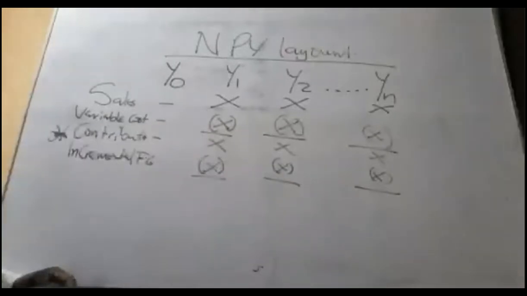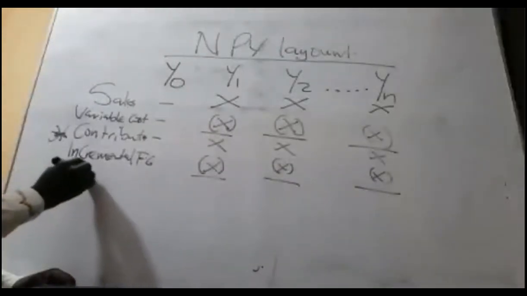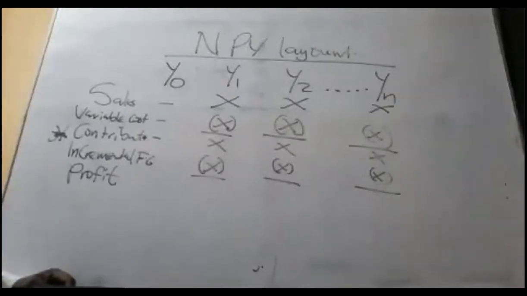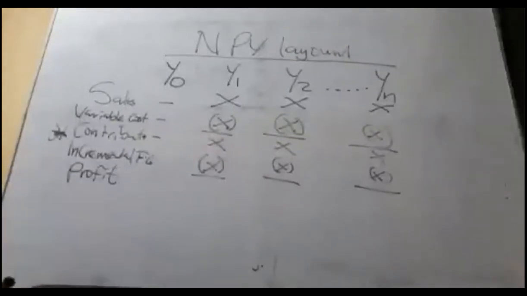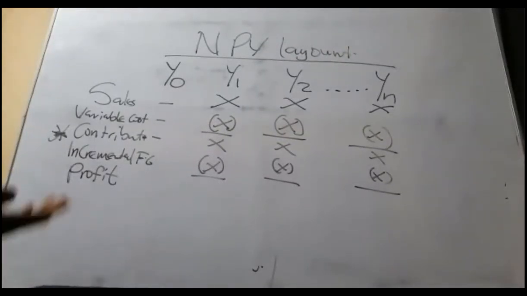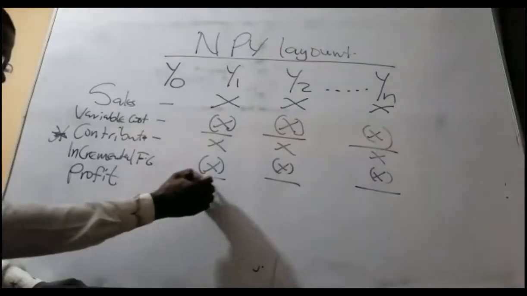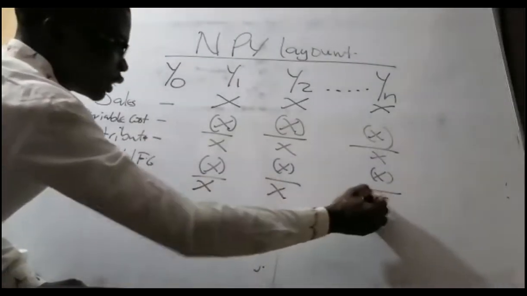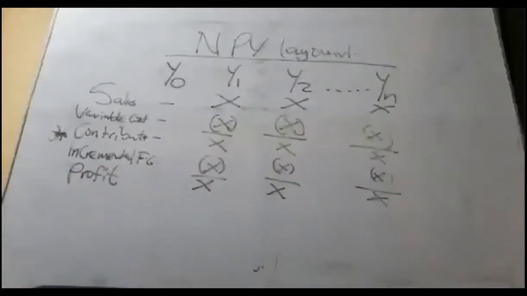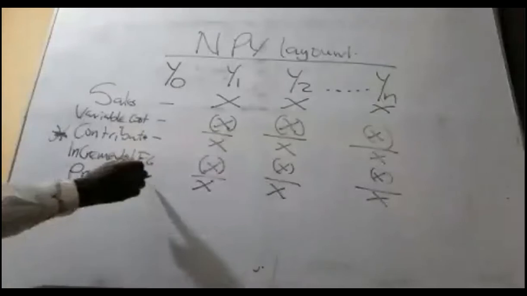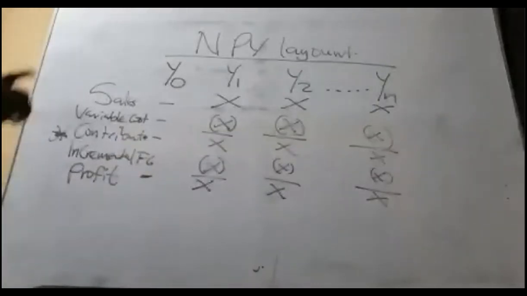You have to subtract. Then when you take your incremental fixed cost from this, you get your profit, cash profit. But you've not done anything new; this is marginal costing. That's the profit statement. Good. So it should be okay with this. So the profit will be here, so much, so much, so much. Year 0 will get its items very soon.